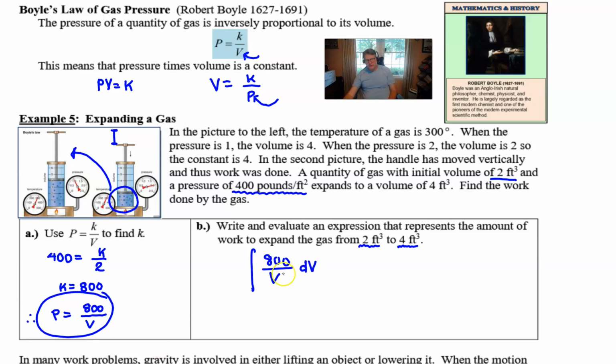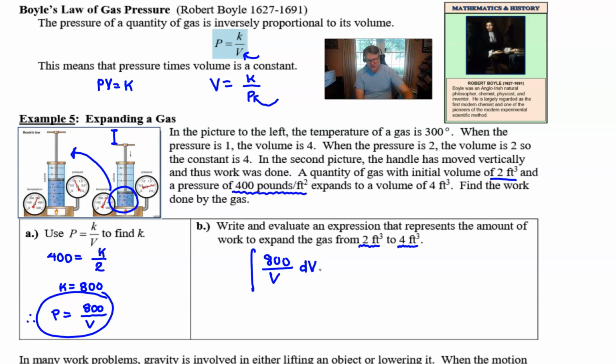Now think about what we really are doing. We are going to use this constant type of pressure, this 800 over V, over a very short interval of volume change. Maybe we're going to use this from 3 cubic feet to 3.0001 cubic feet. We're going to do just an incremental amount of work.